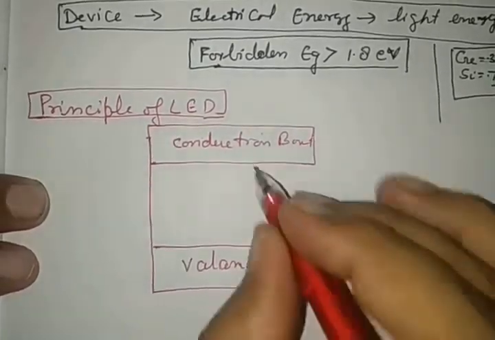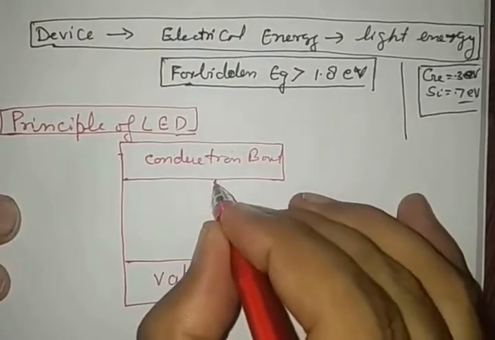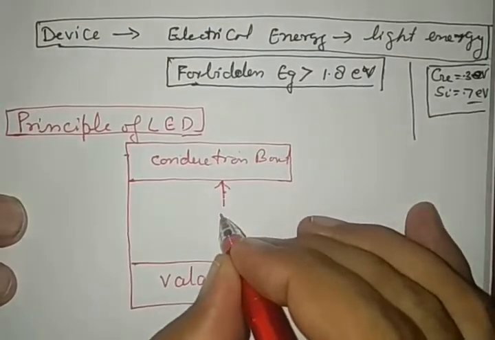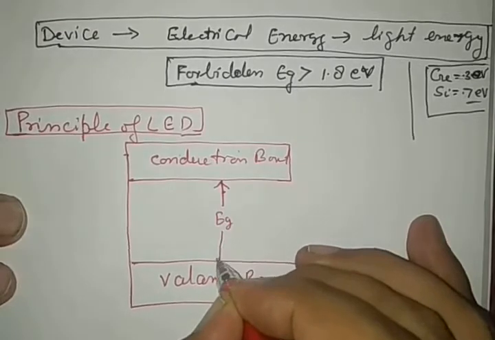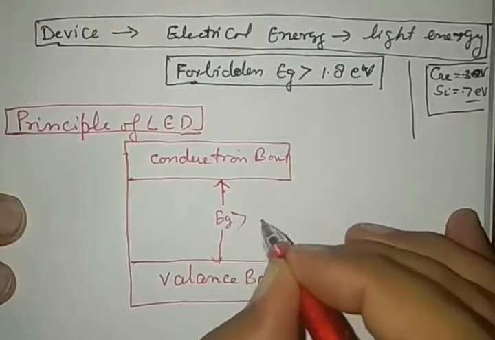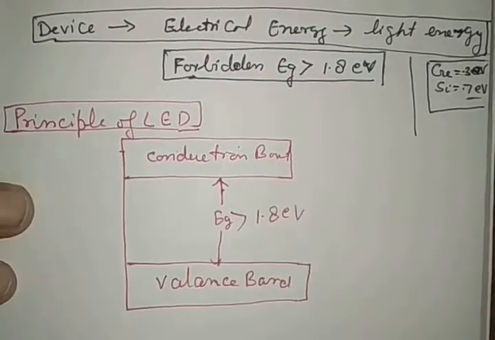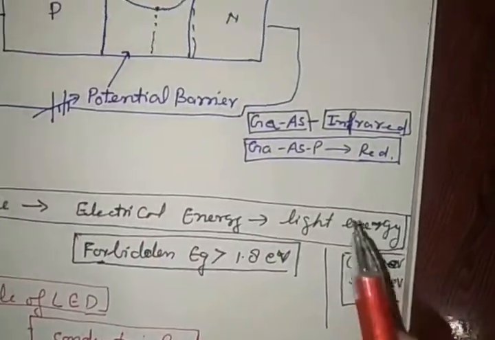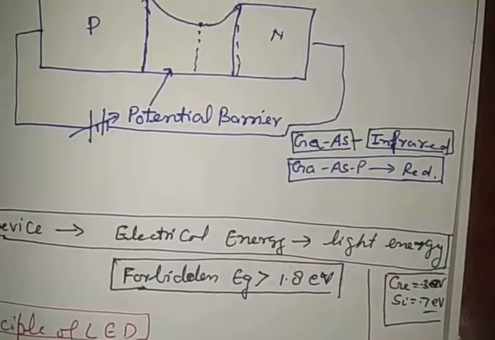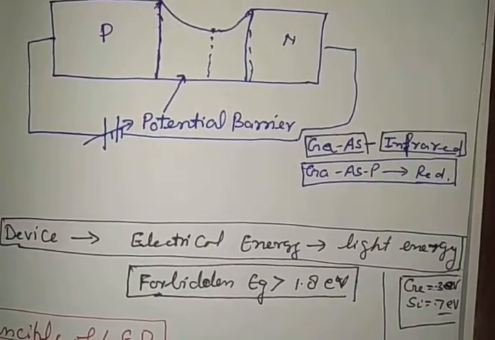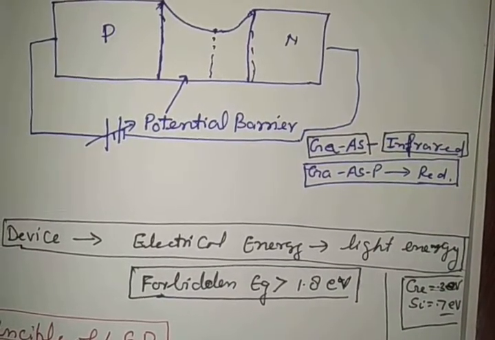And in PN junction diode, we are taking a material whose forbidden energy gap is greater than 1.8 eV. So first of all, be clear about the principle involved here in the LED.